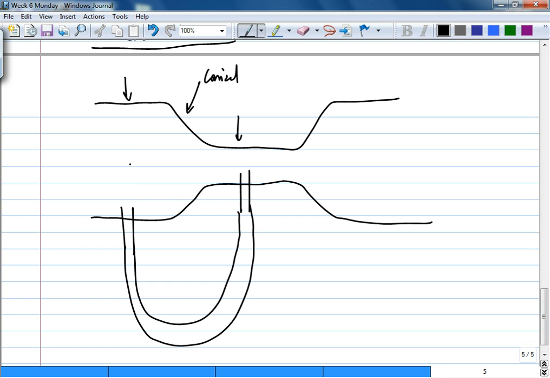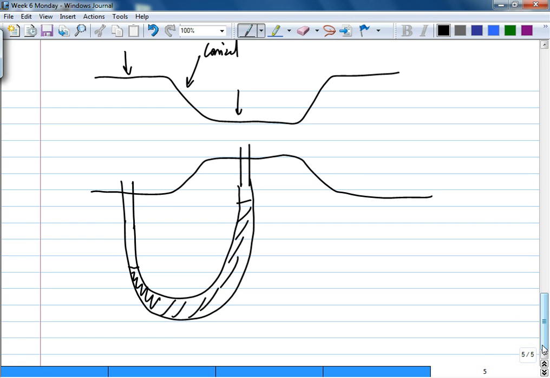Here, isn't it? So if the manometer fluid is heavier than this one, it will tend to drive this down. Something like that. And this will be the h.